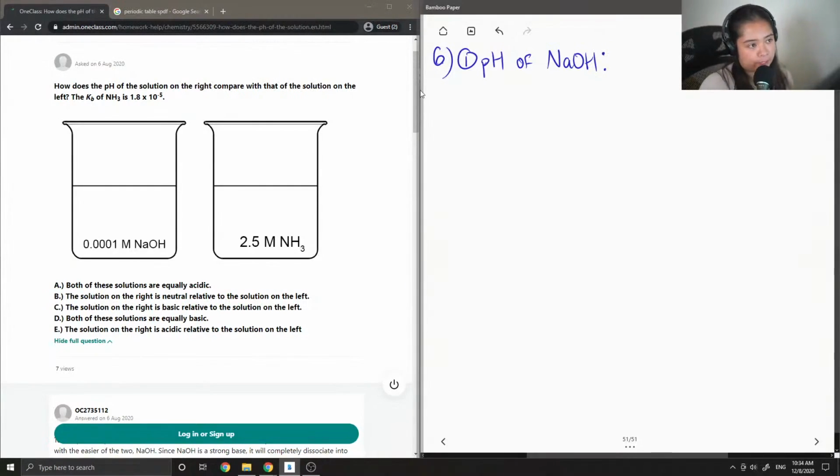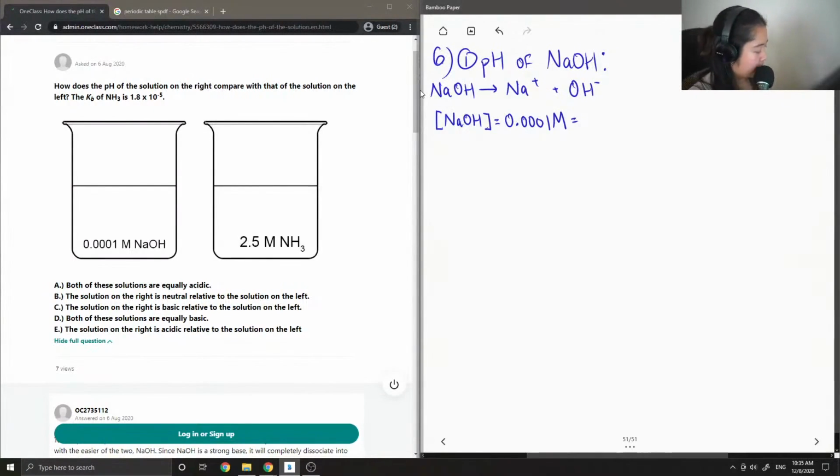So if we were to write down the dissociation of NaOH into its ions, it completely dissociates to Na plus and OH minus, and everything is at a 1-to-1 ratio. So since the concentration of NaOH is given, it's equal to 0.0001 molar.